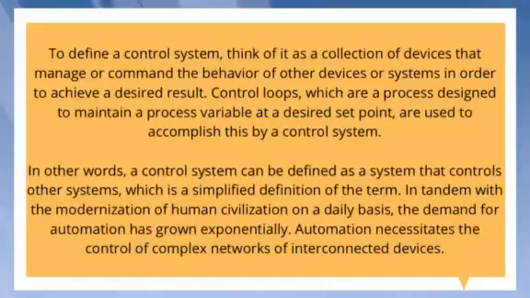In other words, a control system can be defined as a system that controls other systems, which is a simplified definition of the term. In tandem with the modernization of human civilization on a daily basis, the demand for automation has grown exponentially. Automation necessitates the control of a complex network of interconnected devices.